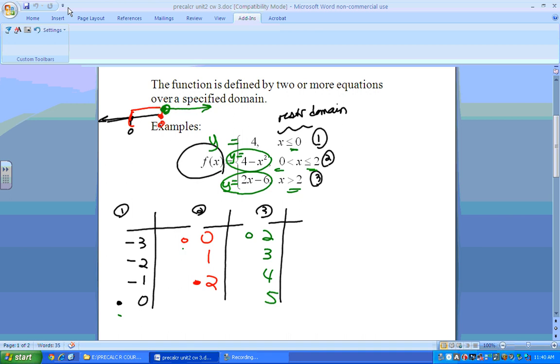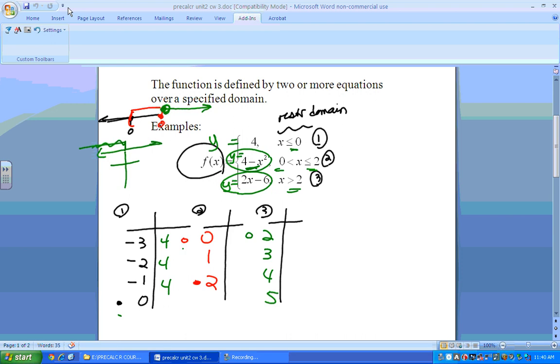So in my line y equals 4, I only care about from here on down. And so what is the value of y? 4. It's a constant line.